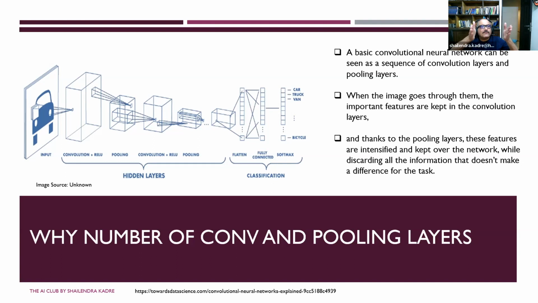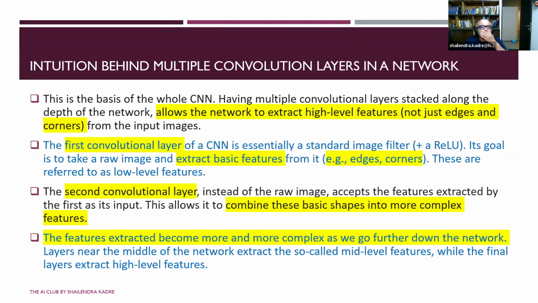So the convolution layer extracts a type of features and pooling intensifies it. Intensifies means we are doing max pooling. Max means in a particular cell we are taking the max value, so only the prominent feature is taken. All the other details are rejected, and we are reducing the dimensions. So this is what convolution and pooling do.